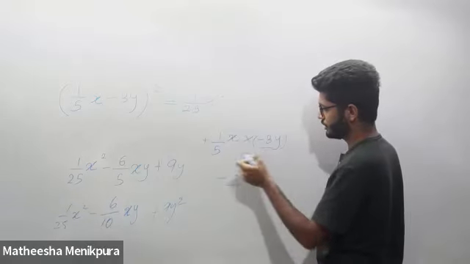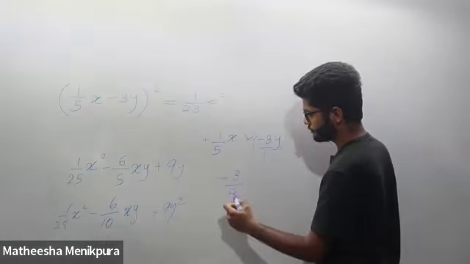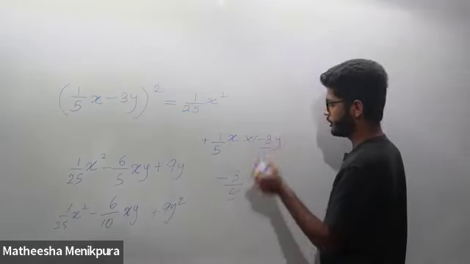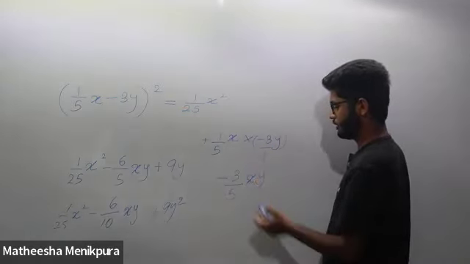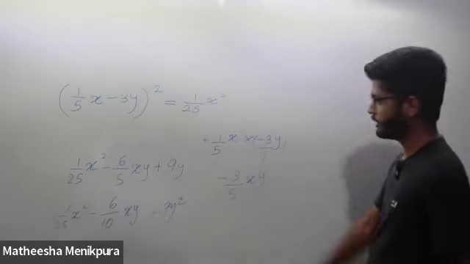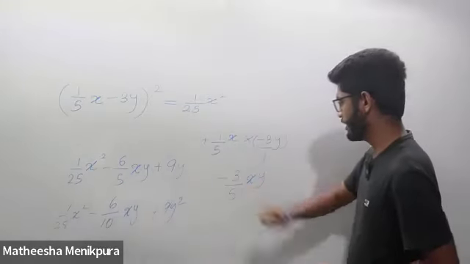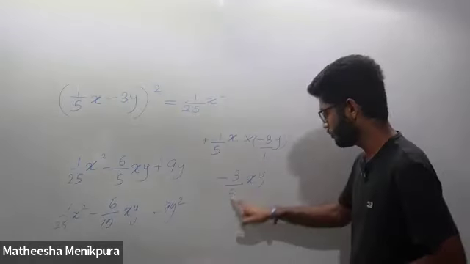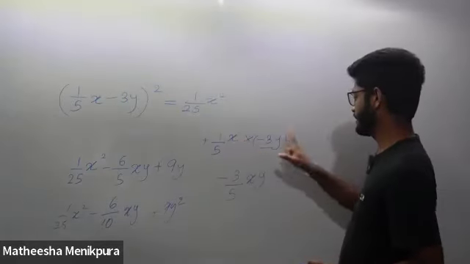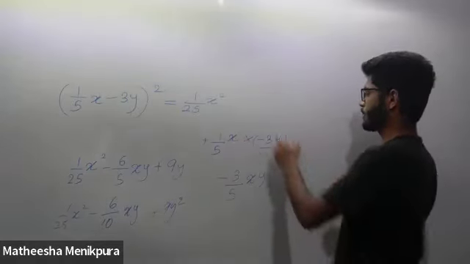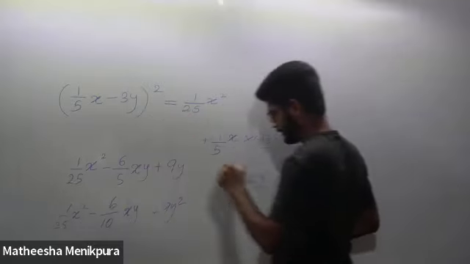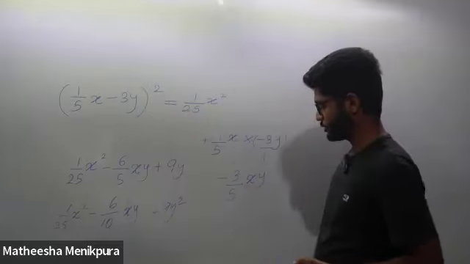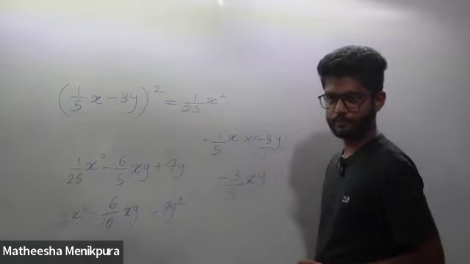Here the denominator is 1, 5 into 1 is 5. x into y is xy. So the product of these two is minus 3 over 5 xy.